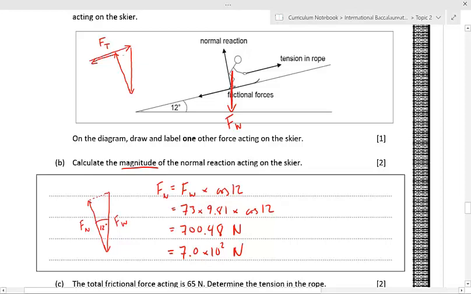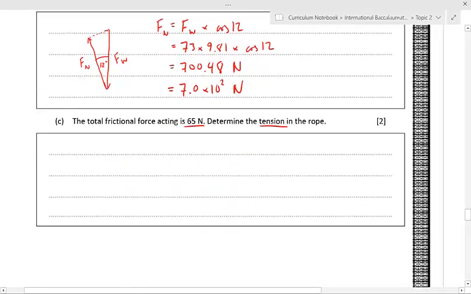So what is that? That's this little bit of the right triangle here, plus the friction force. So this one's 65. So we just need to figure out what this bit is. And then 65 plus that bit should be the total tension force. So let's do that. F tension is going to be equal to F friction plus F weight times sine 12.